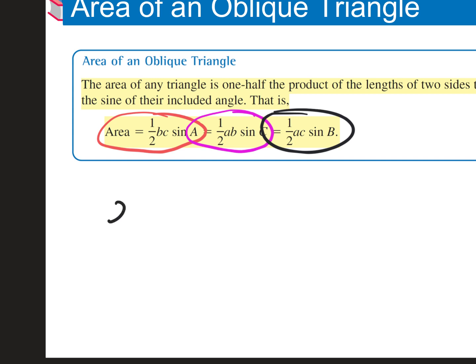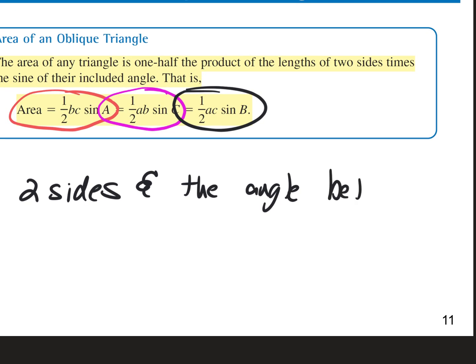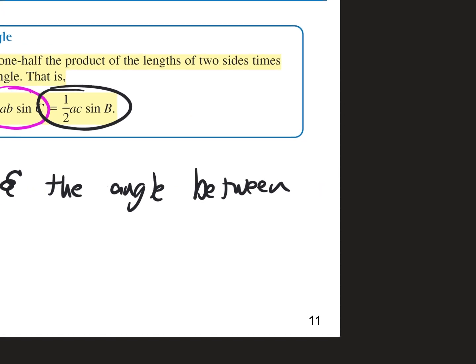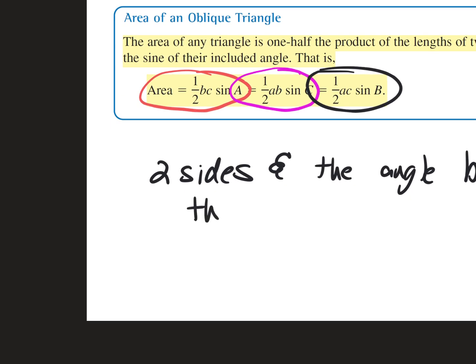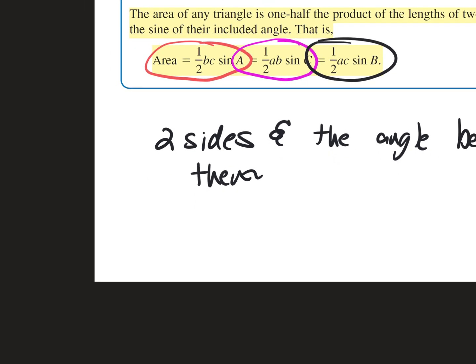You need 2 sides, write this down, and the angle between them. Another way you can look at it is you need the angle that connects the 2 sides. But in order to use this formula, you need 2 sides and the angle in between them.